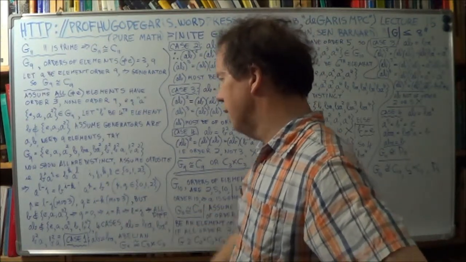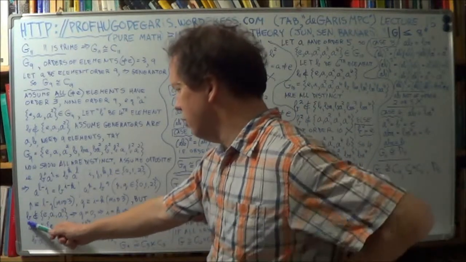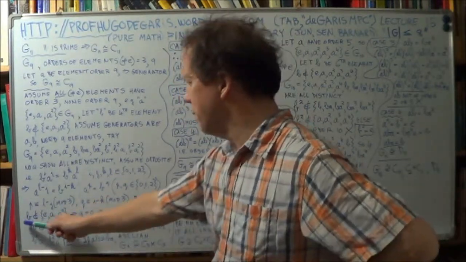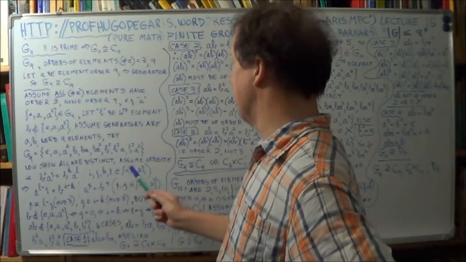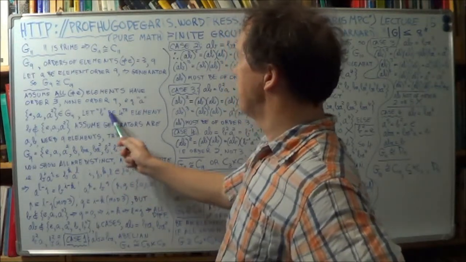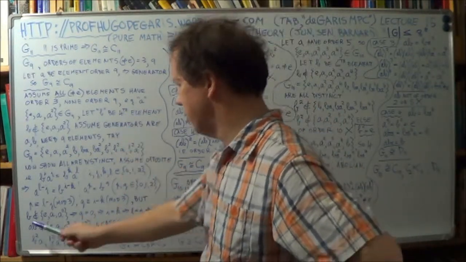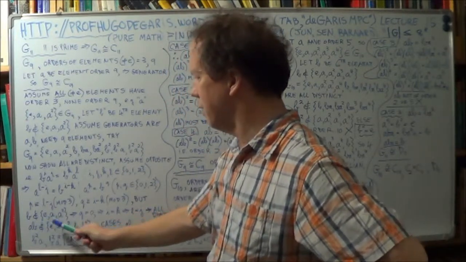Okay? Now look, we assumed that when we introduced B in the first place, which was where? Here. We assumed it was a fourth element. So B is not E, A, or A squared.